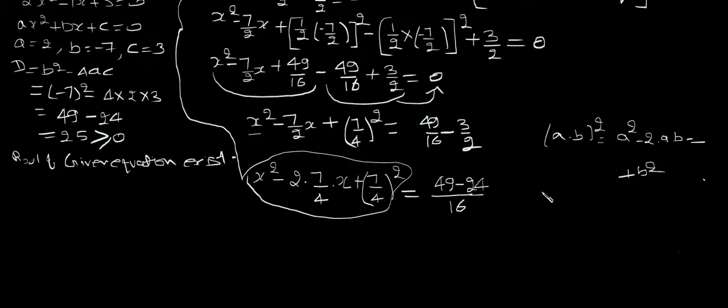So here a is equal to x and b is equal to 7 by 4, right? So I can directly write this term as a minus b whole square. So a is x and b is 7 by 4. I can write it as whole square. This will be equal to, I can simplify this, 49 minus 24 is 25 upon 16.